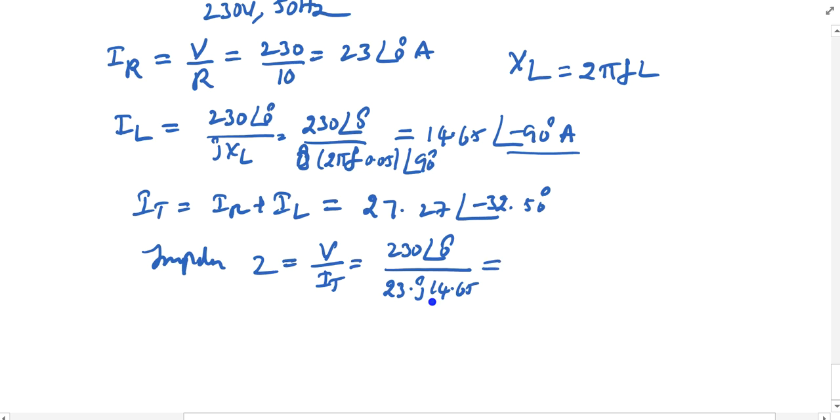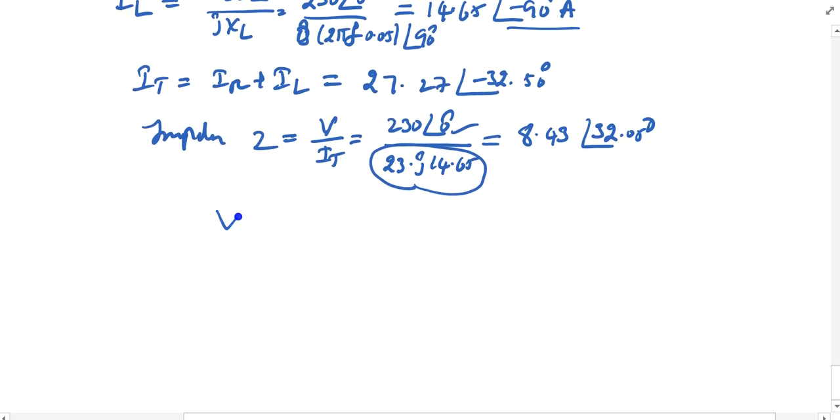You convert this into polar form, and if you solve this, you will get the answer. And what is the admittance? This is 1 by Z, which is nothing but 0.10 minus 0.06 J.